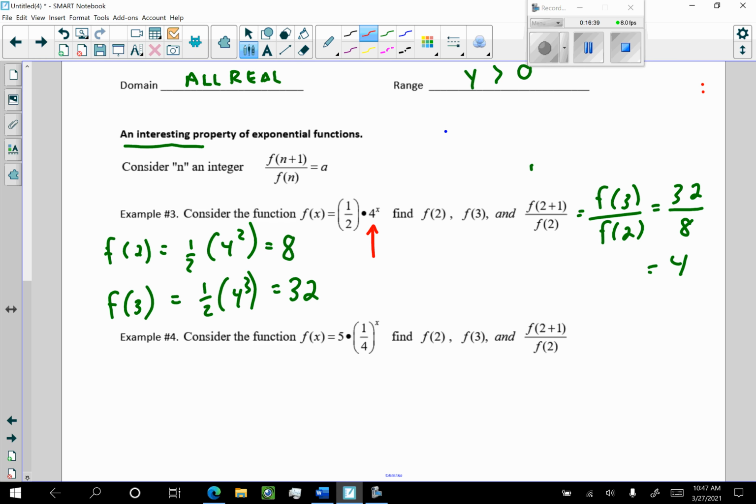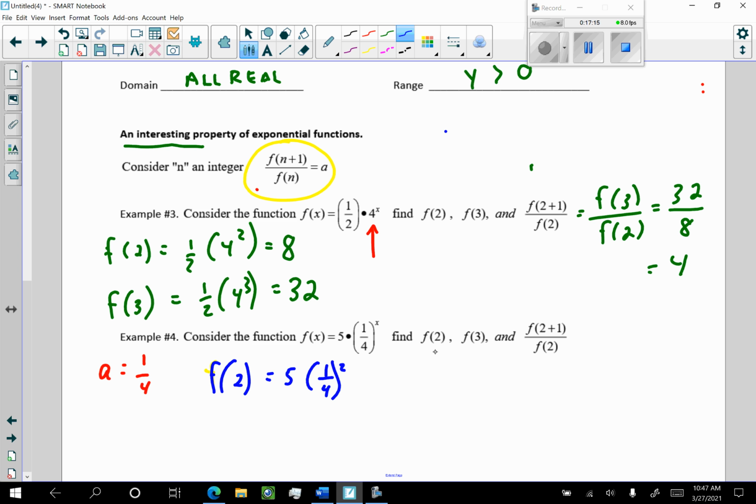Let's find f of 2 again. I have a new function. This time the base a is equal to 1/4. We want to see if this property is going to work. All right, so f of 2 is going to be 5 times 1/4 squared.